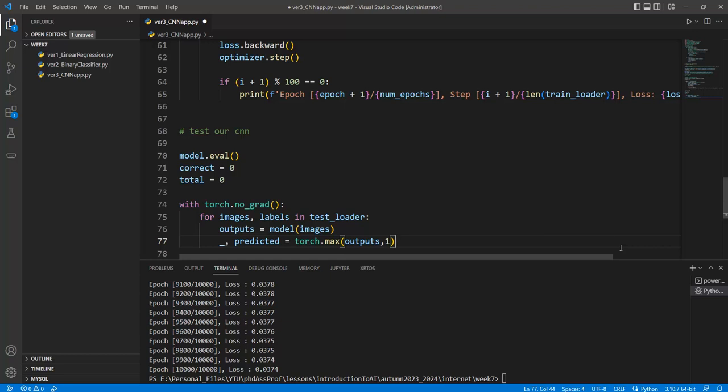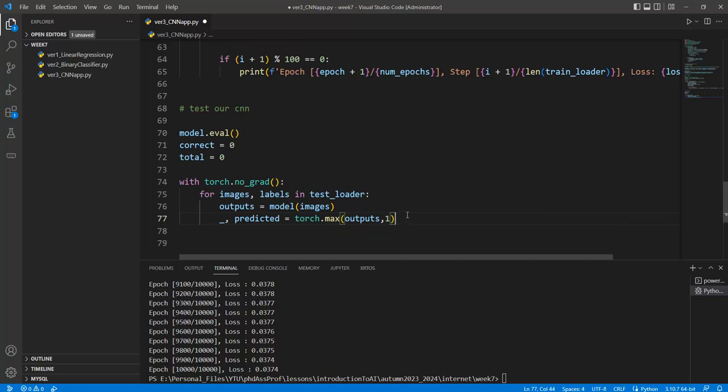The other terms are smaller than this term, which means that if we check the max output value, we can assign it as the predicted value. Do you understand that? What's the meaning of this?